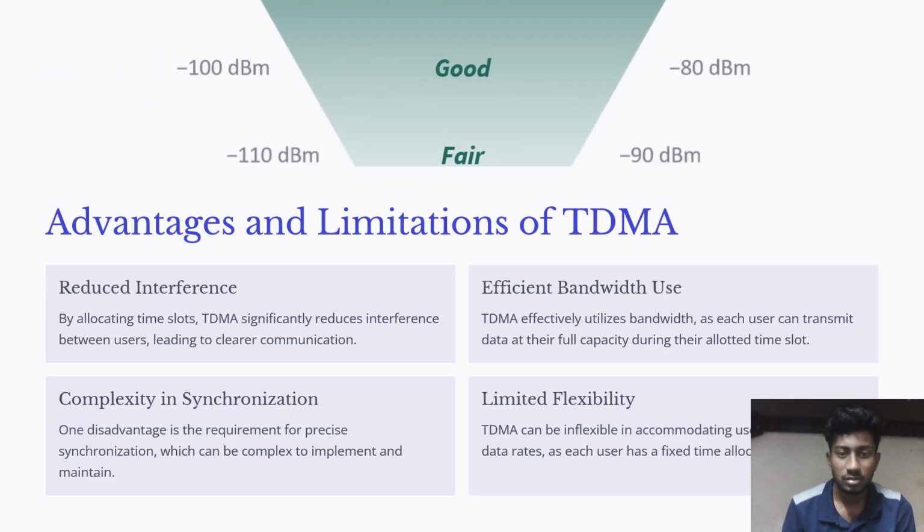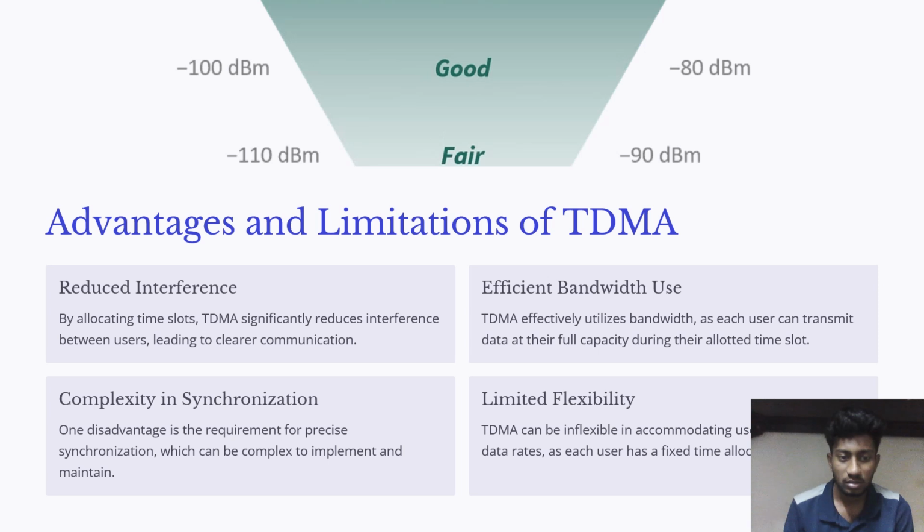The advantages and limitations of time division multiple access are: reduced interference. By allocating time slots, it significantly reduces interference between users, leading to clearer communication. Efficient bandwidth usage: TDMA effectively utilizes bandwidth, as each user can transmit data at their full capacity during their allotted time slot.